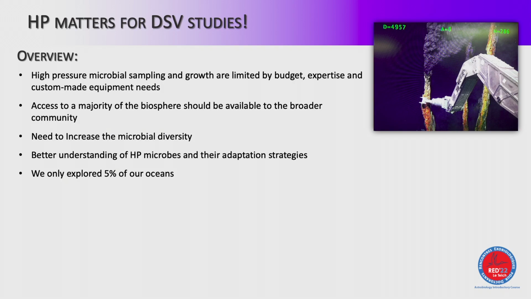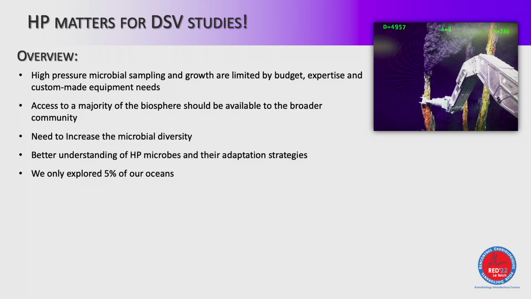Doing so will give us a better understanding of those microbes and their adaptation strategies. And as I said, so far we have only explored 5% of our oceans, so we really need to improve that to better understand those deep sea ecosystems.